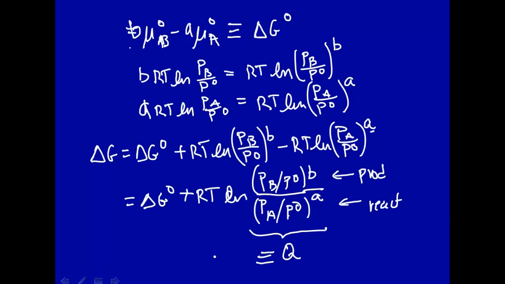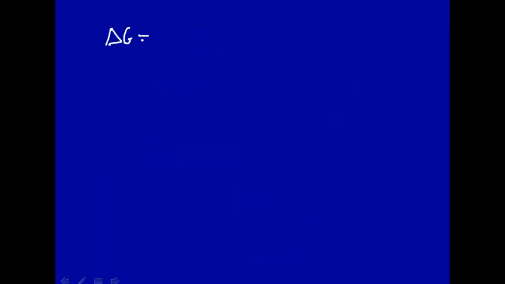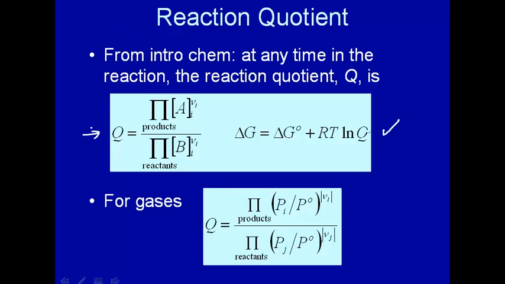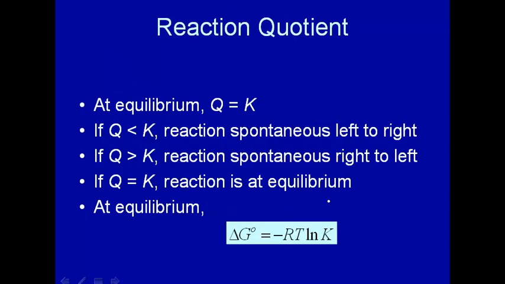Combining everything, delta G for the reaction is delta G0 plus RT times the natural log of Q. That's something you were just given in Introchem. Now we know a little bit more about that. And here is the more general case, where you have more than one reactant and more than one product. You just multiply them together. Making good progress.